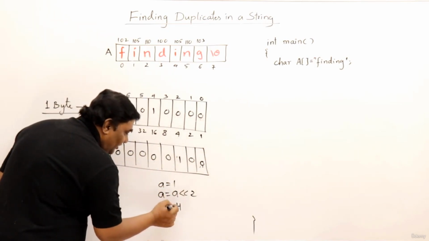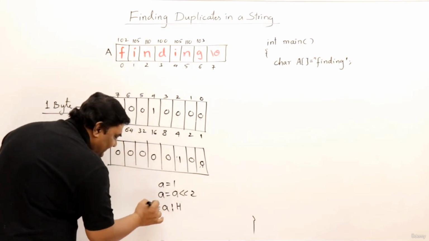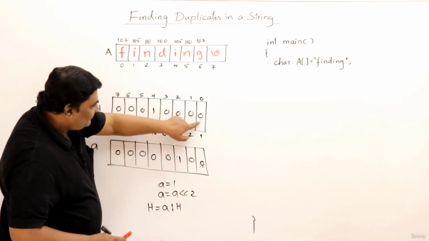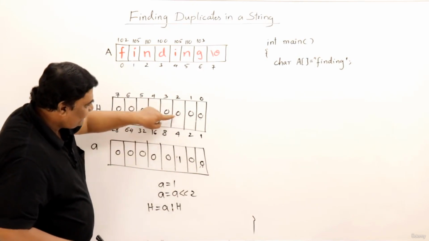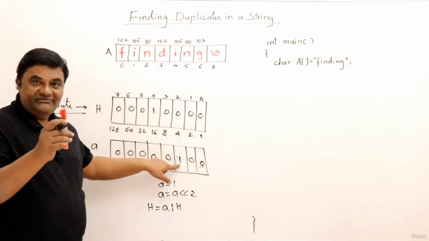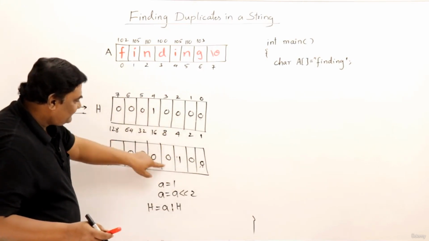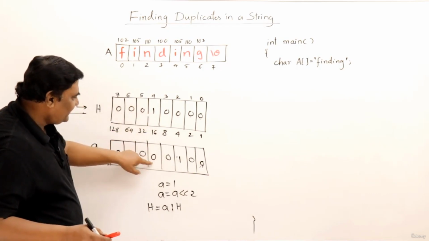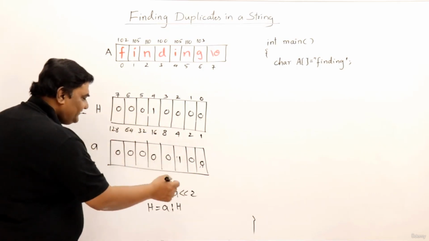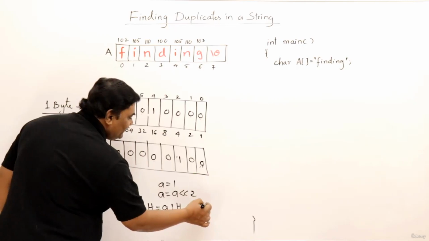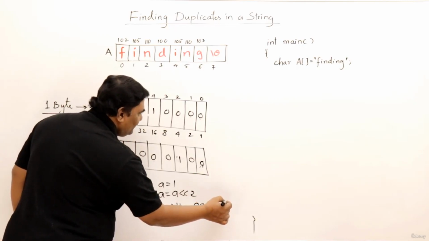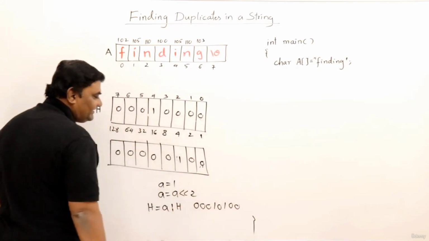Then perform OR and store the result in H only. So 0 or 0 is 0, 0 or 0 is 0, 0 or 1 is 1. Right? And this is 0. This 1 or 0 is 1. So the result will be 0, 0, 0, 1, 0, 1, 0, 0, right?